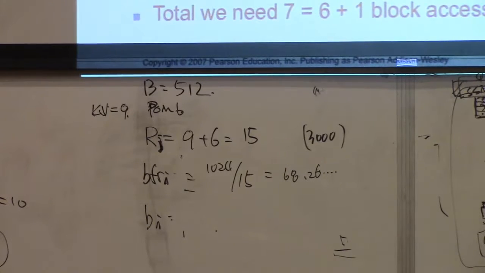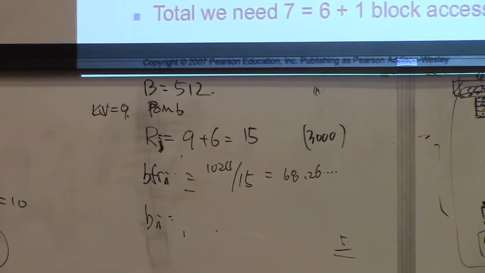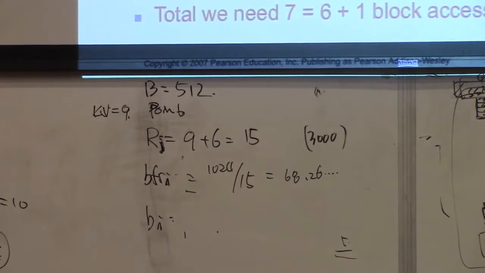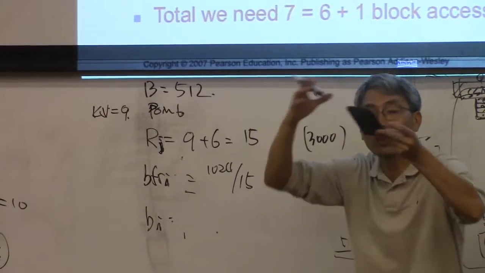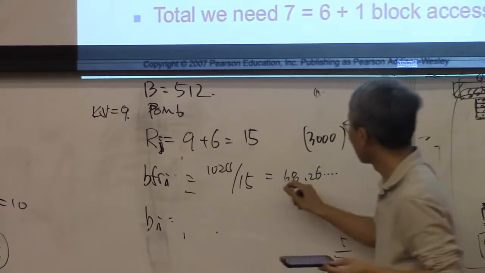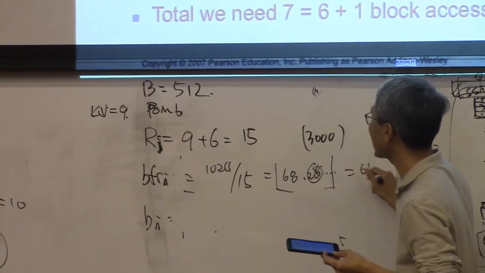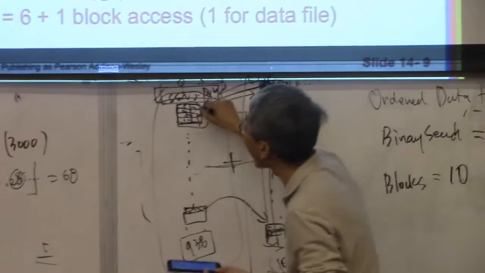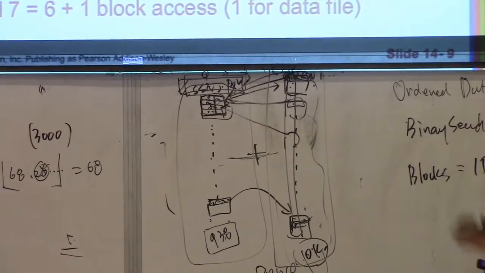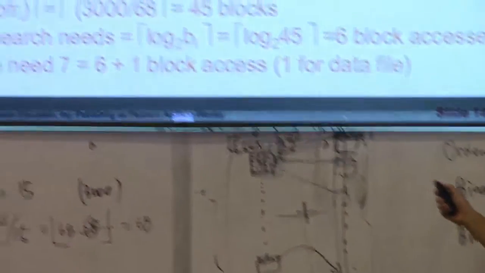Is this ceiling or floor? It should be floor. Why? Because we are going to count only entire records in a block, so the fraction will not be counted. So it's 68 index key items in one block. That is the blocking factor.